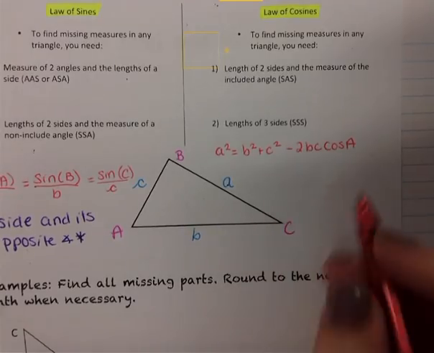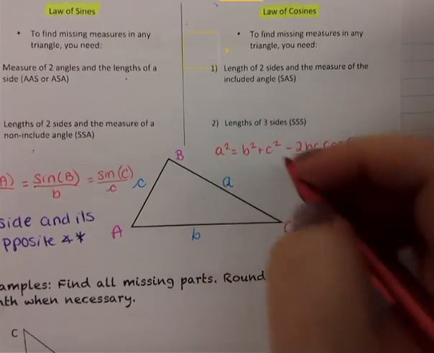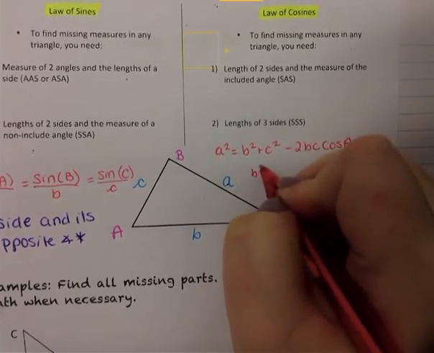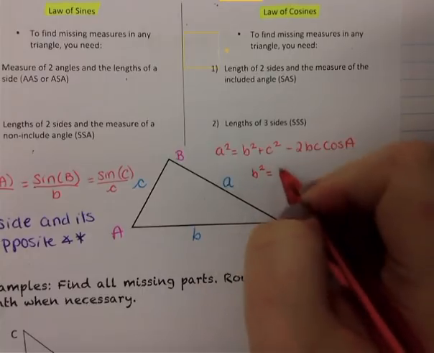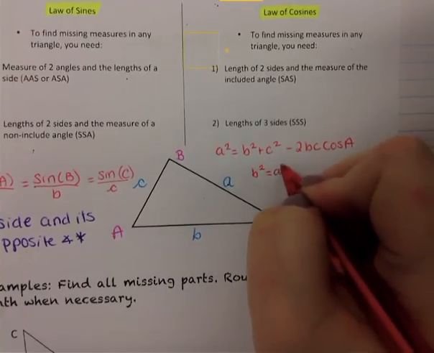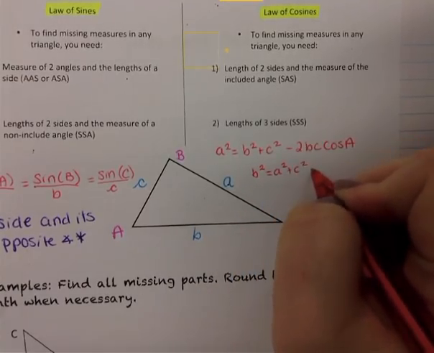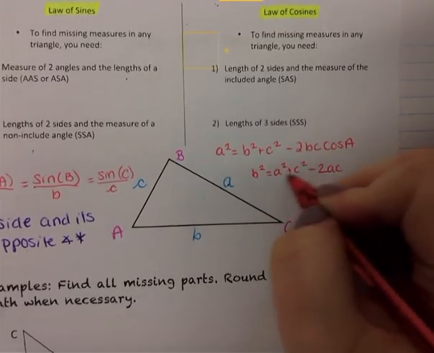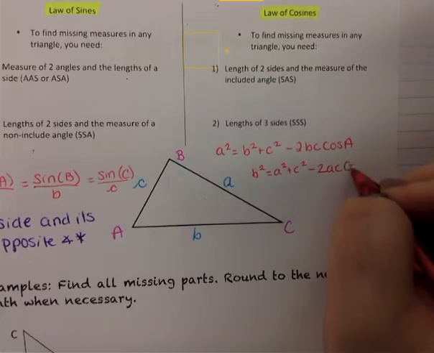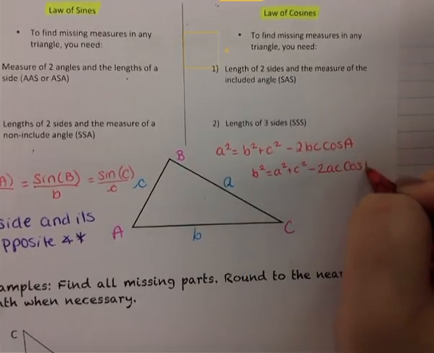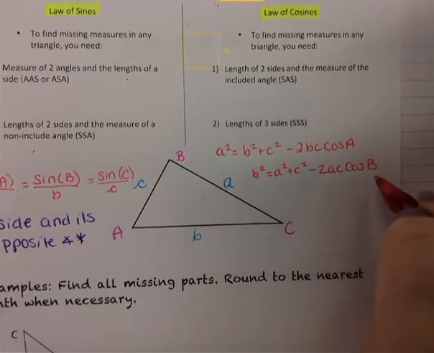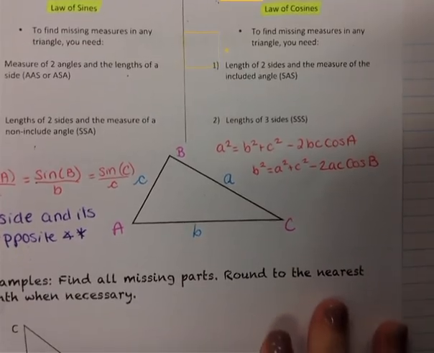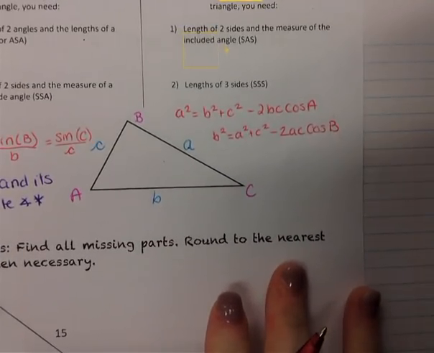So for an example, if I want to find little b, I would have little b squared is equal to, so I'm missing a and c, so I have a squared plus c squared minus 2ac, because those are the same two letters, cosine of big B, because that's the same letter in the front as the back. And it all depends on what you're trying to find.